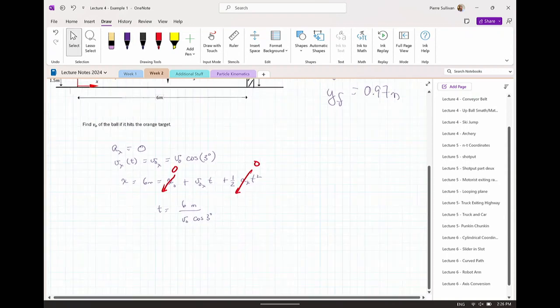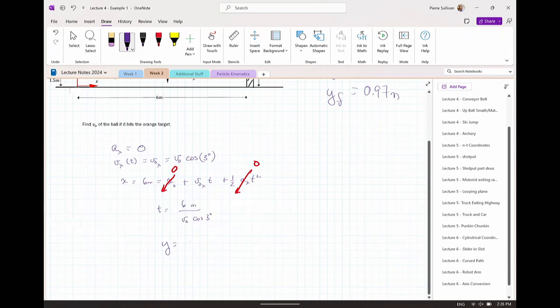So if I do that, I have y equals y naught plus v naught y t plus 1/2 a y t squared. V naught y is v naught sine of 3 degrees. So the initial velocity of the projectile, of the ball, is v naught sine 3 degrees.